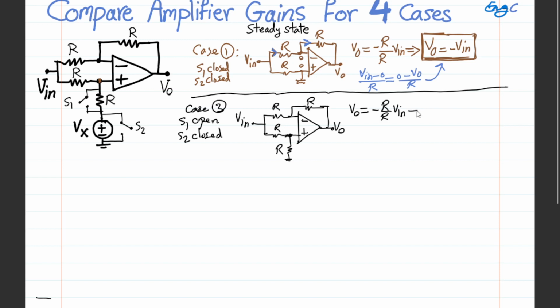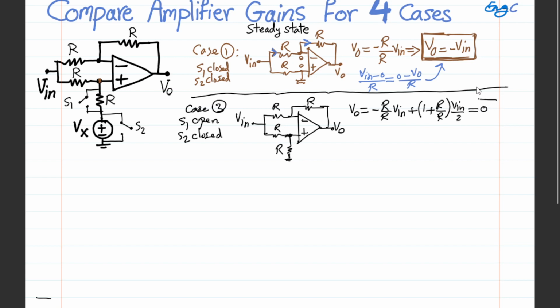That's one way. The other way is Vin going here. From this point, you have an amplification of 1 plus feedback resistance R divided by input resistance R, times the voltage at the positive input terminal, which is half of Vin. So Vin over 2, and you can see this whole thing becomes 0.